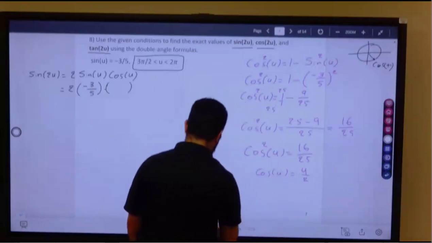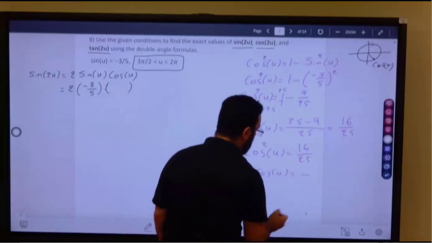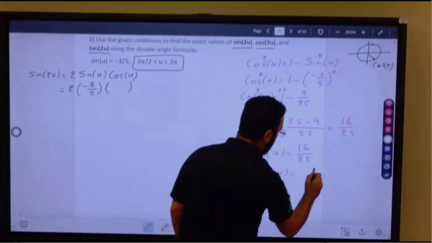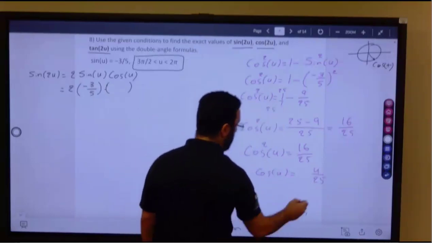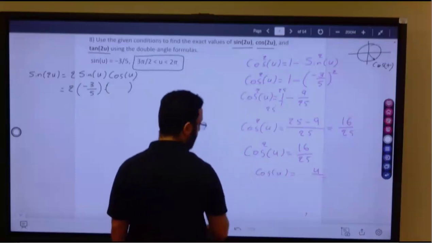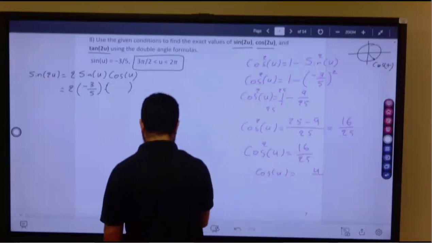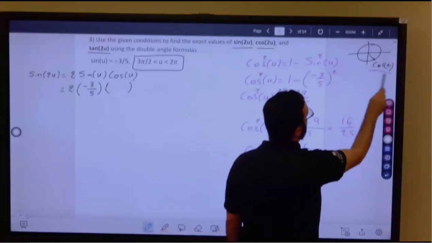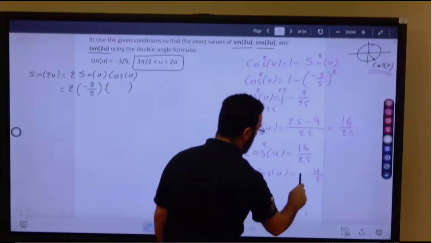In fact, when you take the square root, it should be plus or minus 4 over 5. But I know the angle is in the fourth quadrant. In the fourth quadrant, the cosine is positive, so I'm going to take the positive.